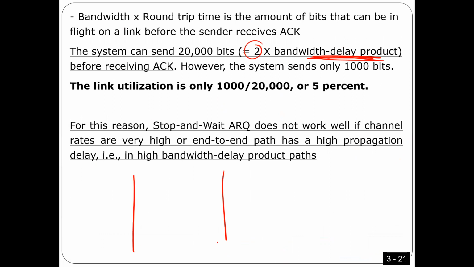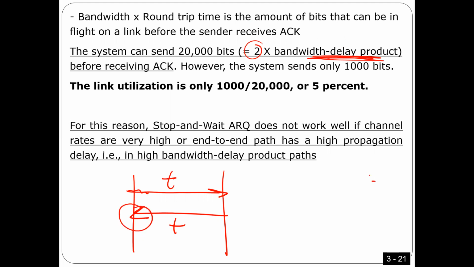Look here: in order to send data and receive the acknowledgement, there will be two times the delay. If this is T and another T here, that is 2 times the delay. During this time I can transmit this amount of bits until I receive the acknowledgement for the first one.